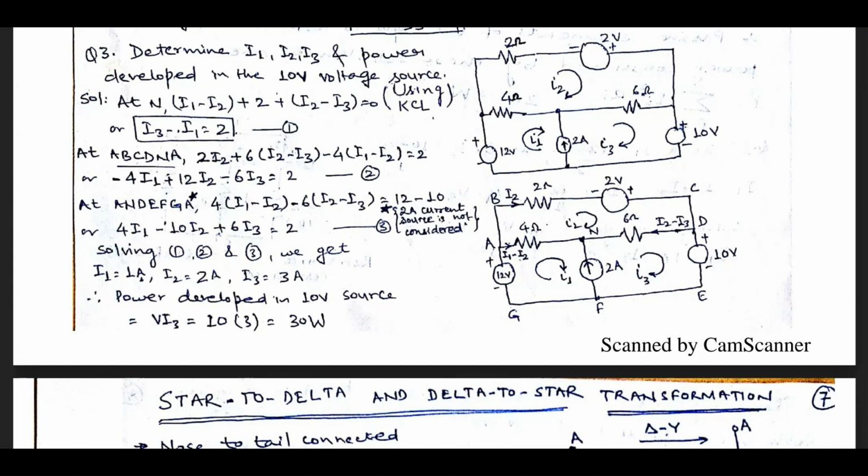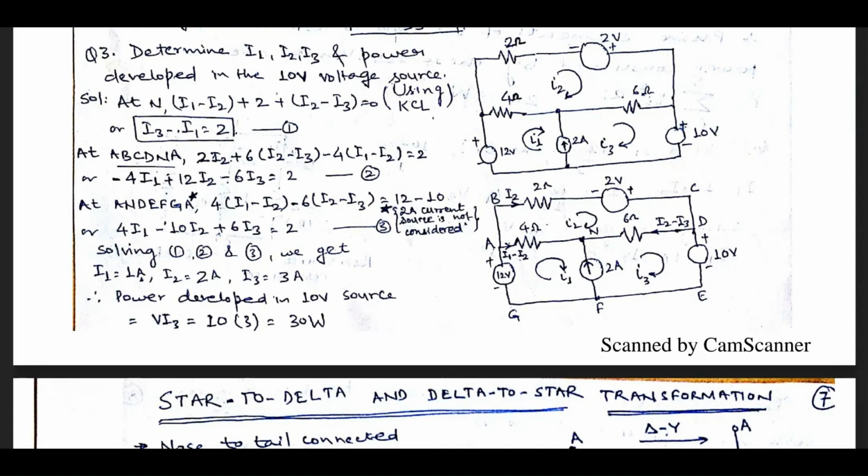For example, in this figure there are three boxes. When we name them, we can name them A, B, C, D, E, F, G, N, etc. That is fine, but we should be clear which of these vertices are nodes and which are not. Only those vertices can be classified as nodes in which there is current distribution.